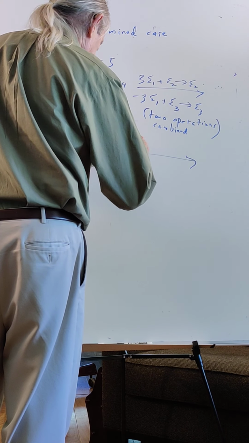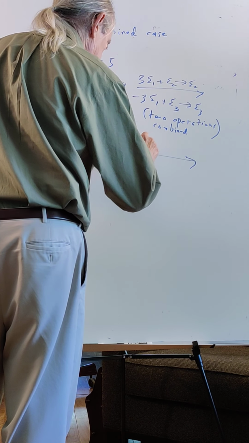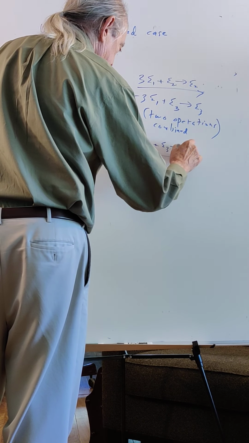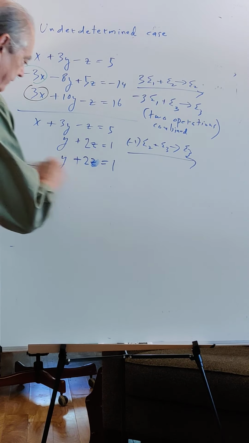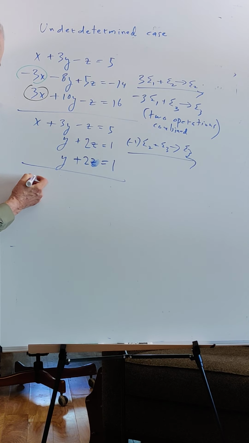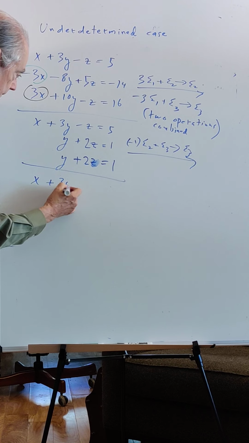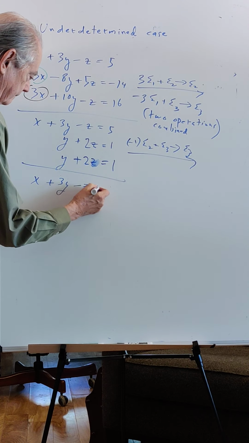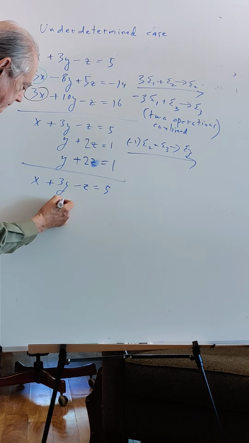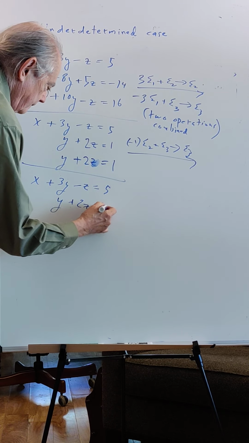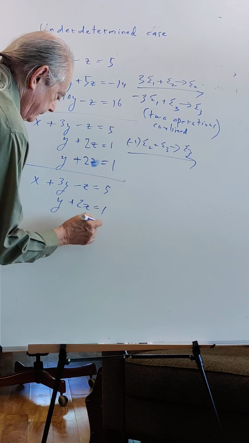So if you wish, you can say minus 1 E2 plus E3 replaces E3. And when you do that, all that's going to happen is you'll have 0 equals 0.